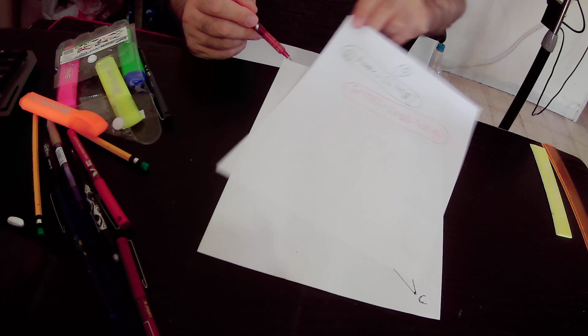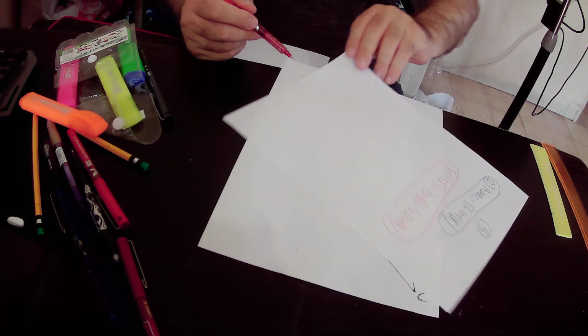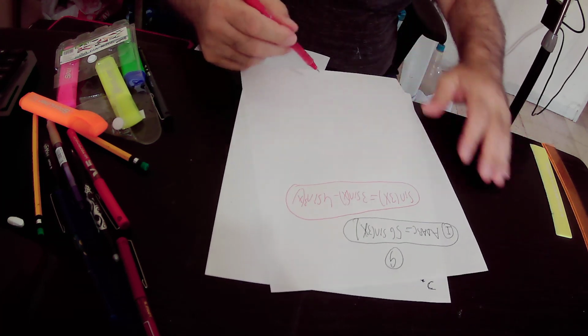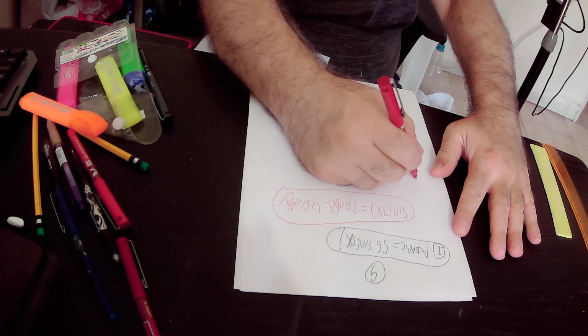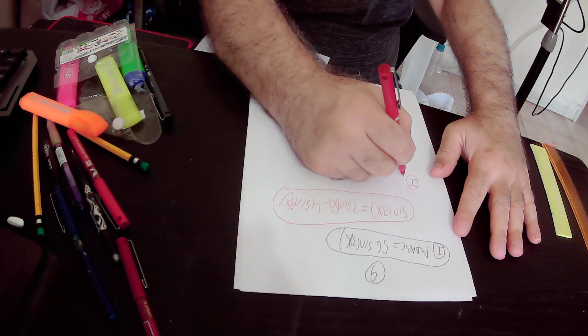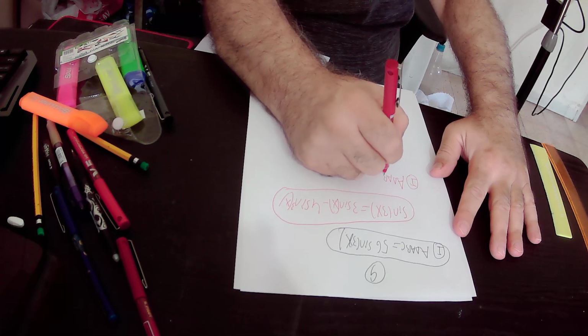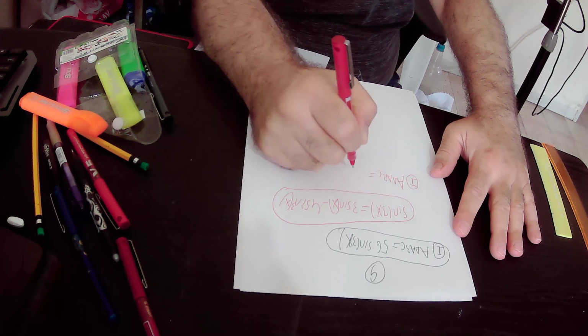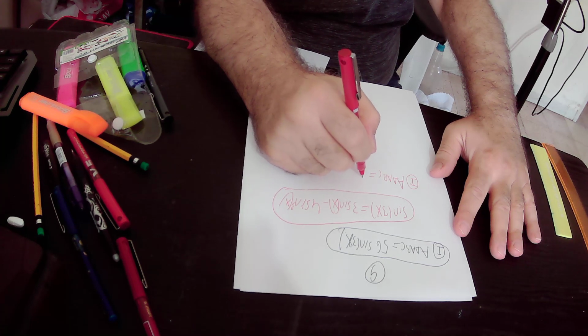Okay, and we will get that the area of triangle ABC equals to 56.